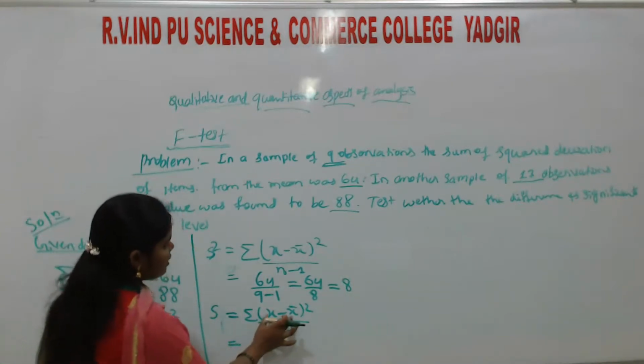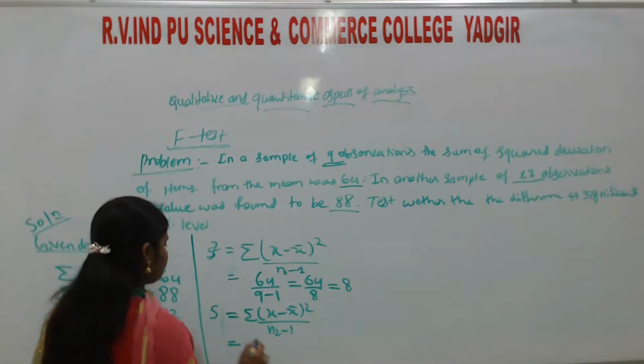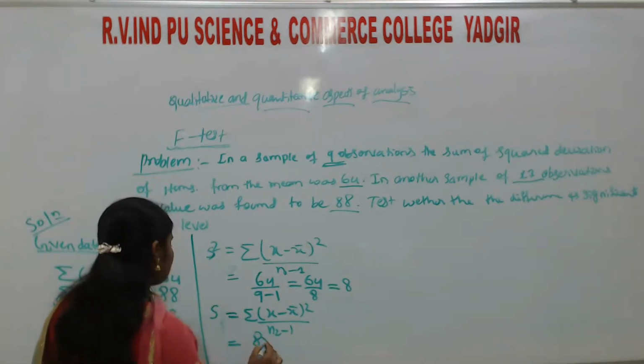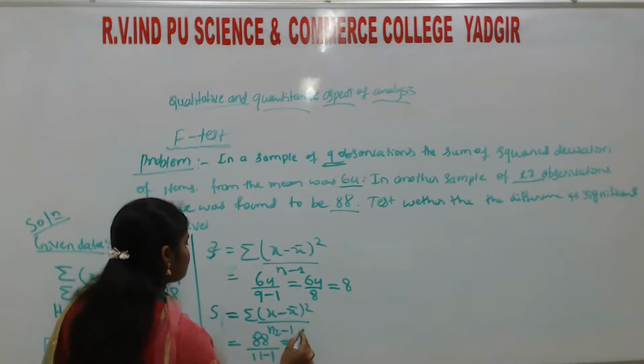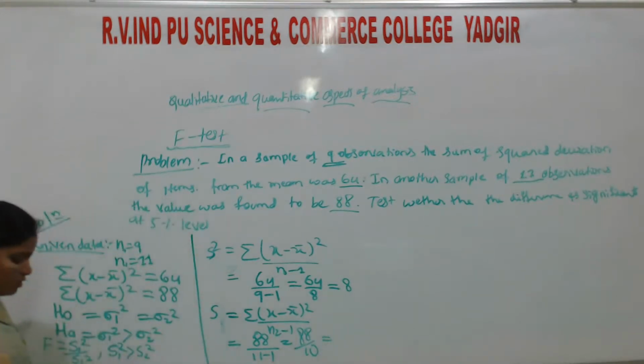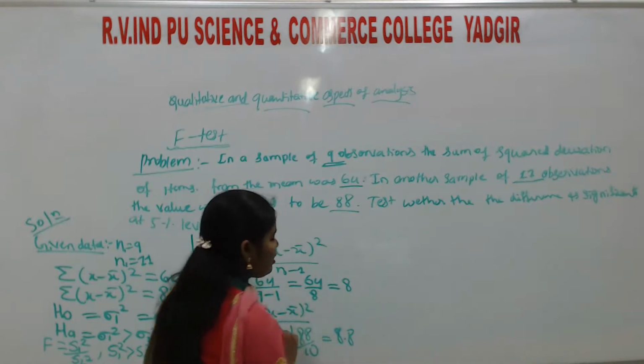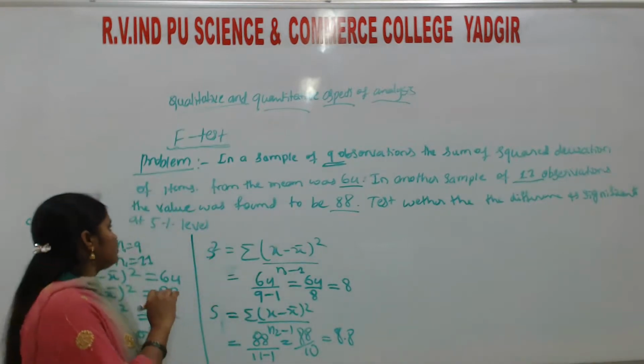Therefore, it is equal to 88 divided by 11 minus 1, that is 88 divided by 10. Therefore, it is equal to 8.8.